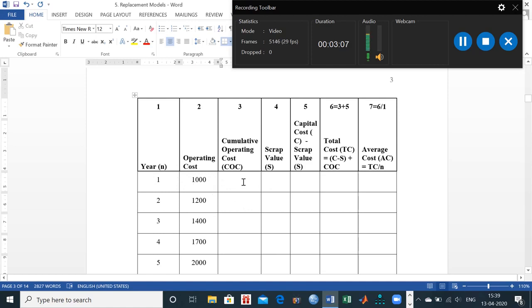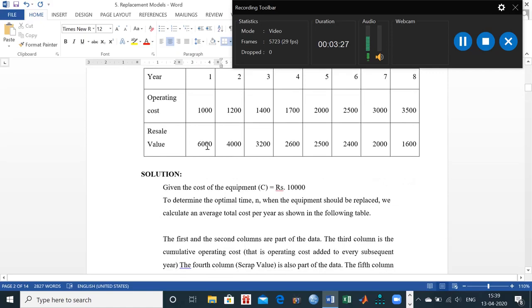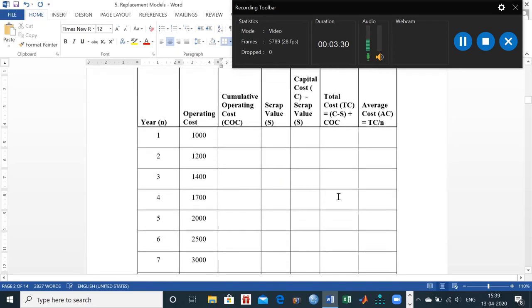For example, here I would write 1000, then here it would be 1000 plus 1200, that would be 2200, 2200 plus 1400, that would make it 3600, then 3600 plus 1700, and so on. Now the scrap value is again the data that we have here, or the resale value and the scrap value mean one and the same.